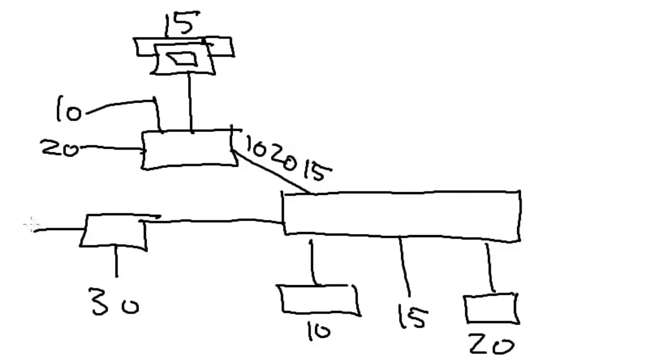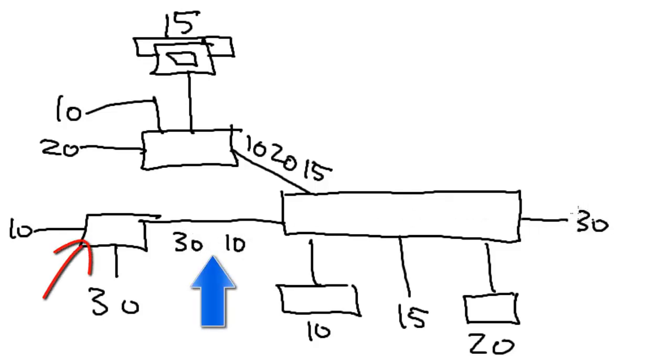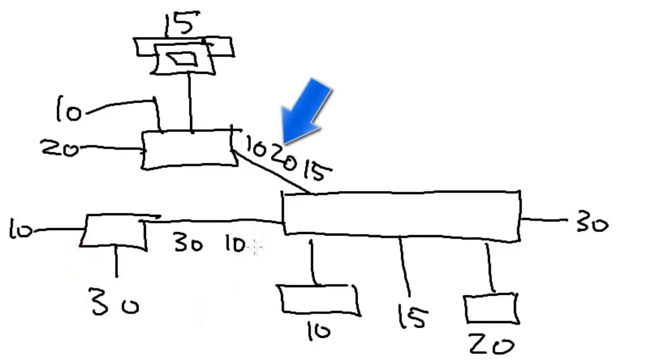So as you can see on the trunk links that we're configuring, we configure only the VLANs that are needed to be allowed over a trunk link. In this example with this switch, we just need 10 and 30 to traverse that trunk link. Between these other two switches, we just need VLANs 10, 20, and 15 to traverse the other trunk link.